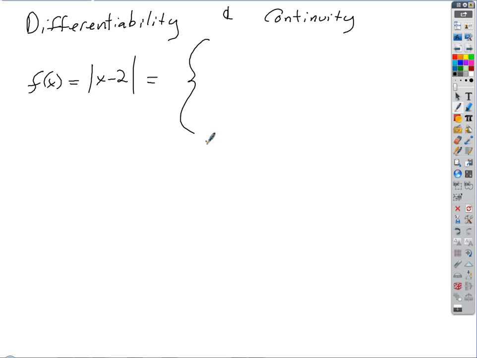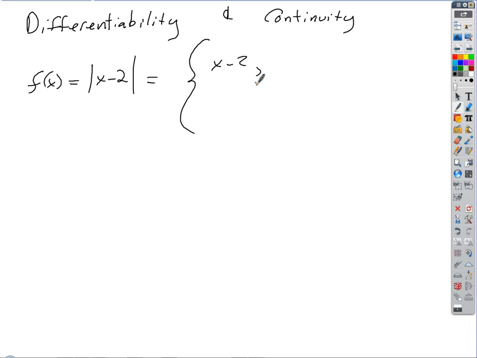So what does this function do whenever the argument is positive? It's not going to do anything, right? If the argument is positive, then the absolute value of it is just itself. So this function is equal to x minus 2 whenever x minus 2 is greater than 0.